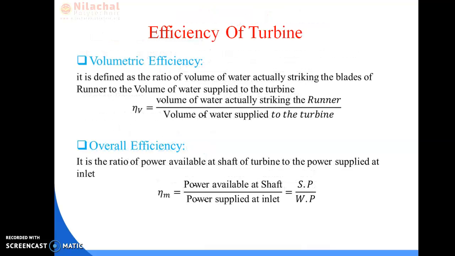Next efficiency is volumetric efficiency. As the name indicates, volumetric means we have to calculate the volume of water actually striking the runner, and the volume of water actually supplied by the penstock to the turbine.